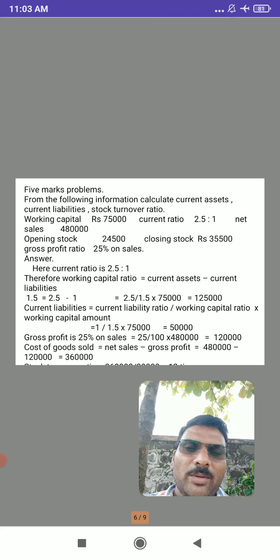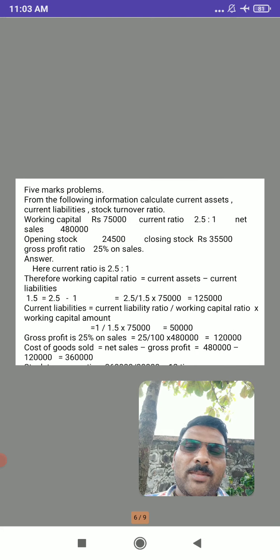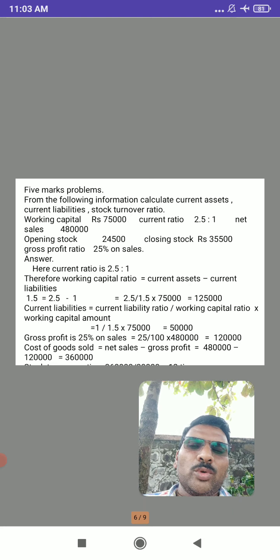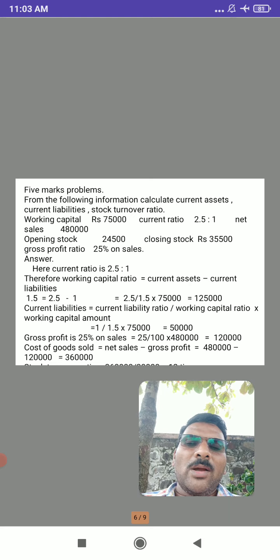Here current assets is 2.5 and current liabilities is 1. If we deduct 1, that is the current liabilities, from 2.5 we will get the working capital ratio as 1.5.